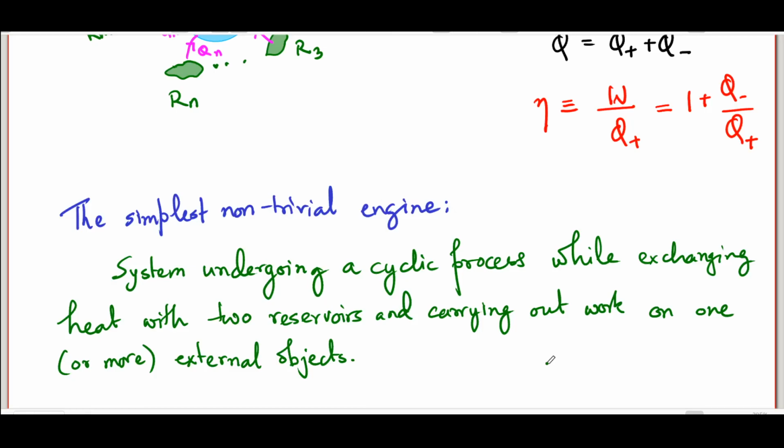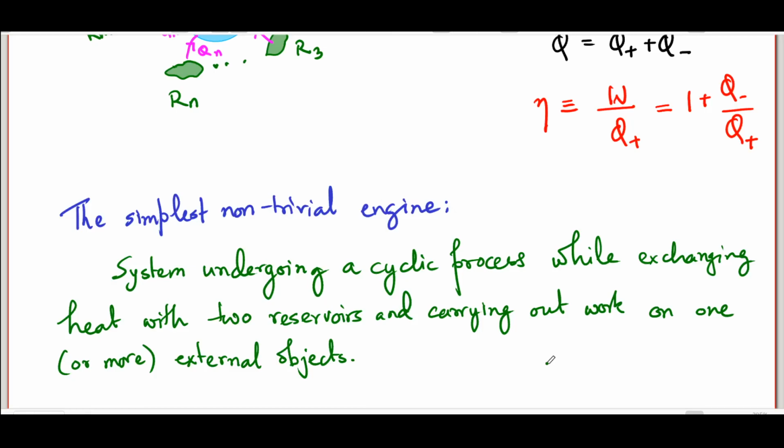As I said in the last lecture, the work which a heat engine does can be spread out over many objects. However, the identity of these objects is really not a concern as far as thermodynamics is concerned. These could be very important in the mechanical aspects of the engine. But as far as thermodynamics is concerned, it doesn't really matter what it is that gets work done upon it. So we will lump all these possible avenues for doing work into a single work arrow, whenever we draw a diagram of a heat engine.